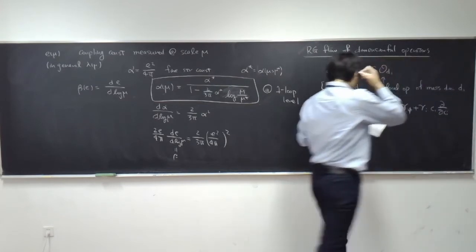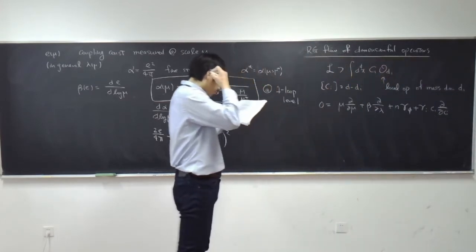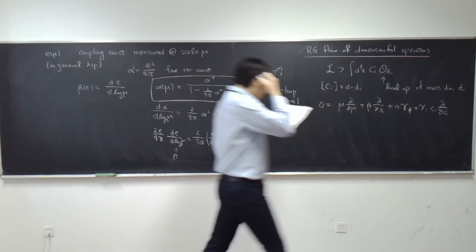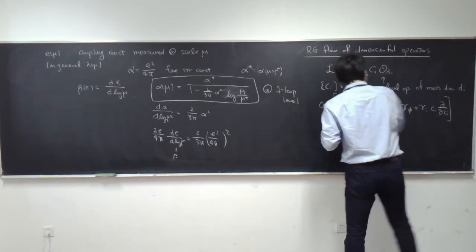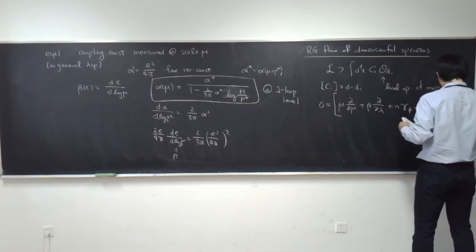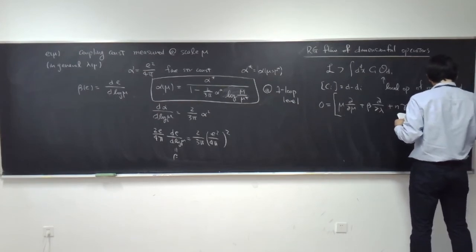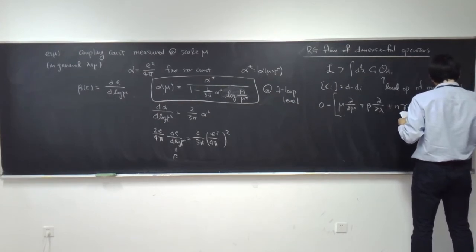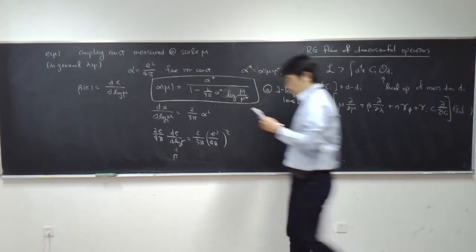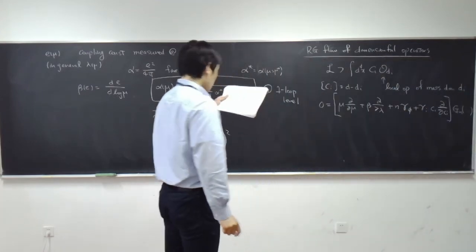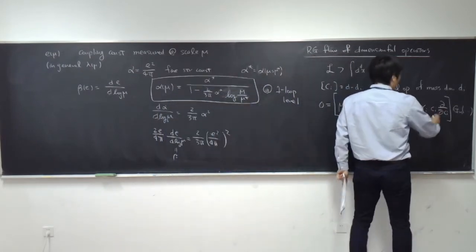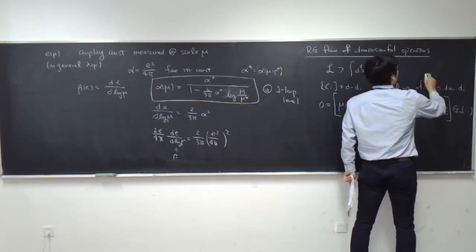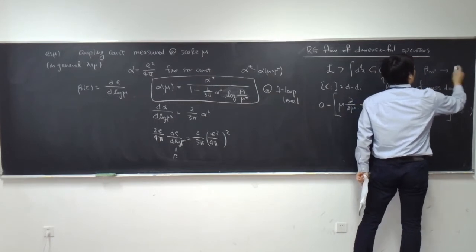acting on G_n. Okay, so the n-point function. Here now gamma_i depends on, I mean, that's what I meant last time in the beginning.